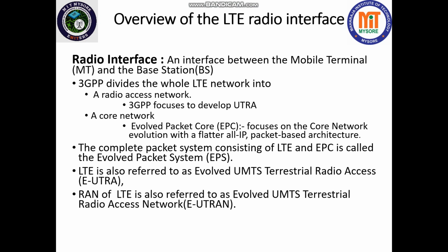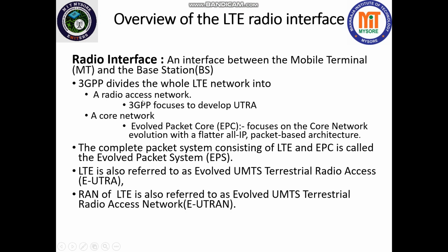One is a radio access network, which involves 3GPP focusing on development of UTRA. UTRA means Universal Terrestrial Radio Access. The other is a core network, Evolved Packet Core, which focuses on the core network evolution with flatter all IP packet based architecture.